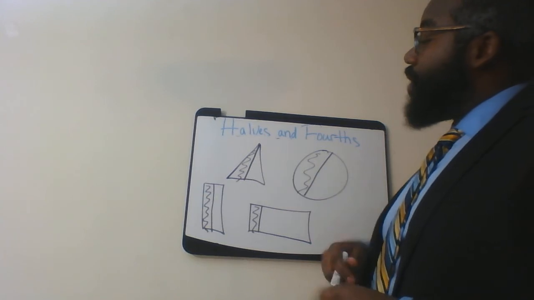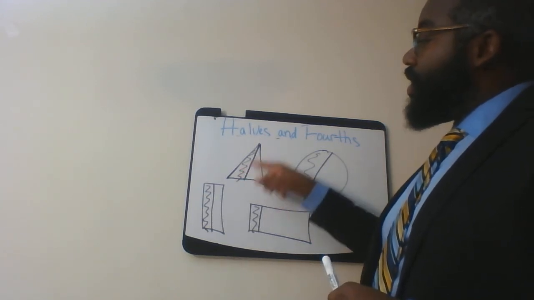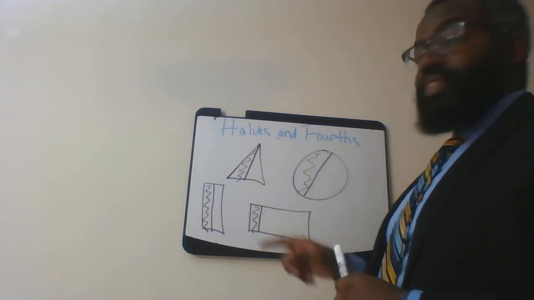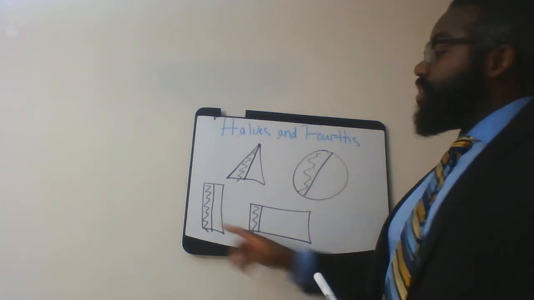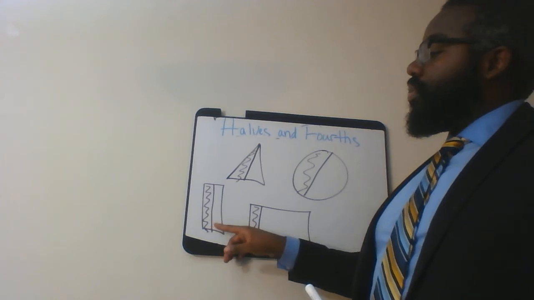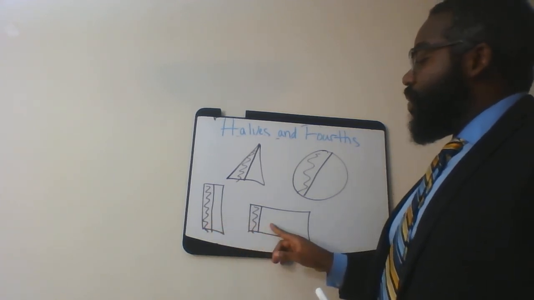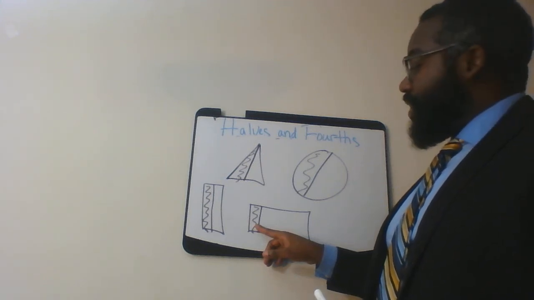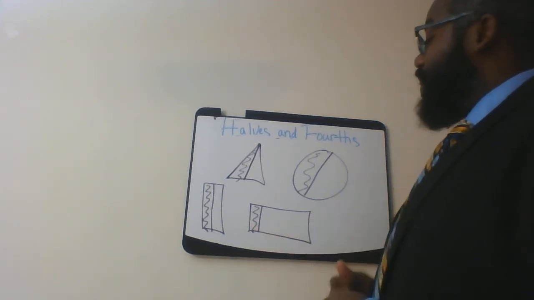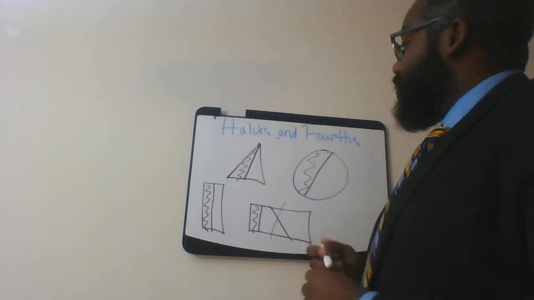We have a triangle, and notice it's shaded with an equal side on both sides. Let's get to the circle. Shaded with an equal side on both sides, like the rectangle. But here, we notice this part here that's shaded in, but it's not an equal amount over here. So this is not a half. So we cross that out.